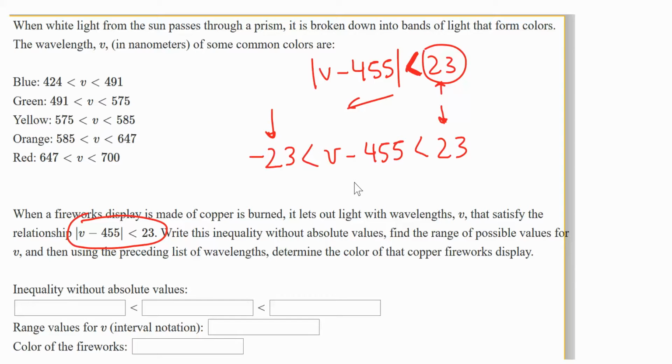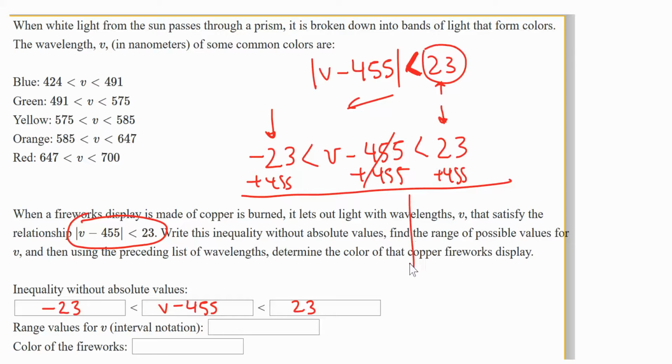Okay, so the inequality without absolute values. I think that's what it would be here: negative 23 less than V minus 455 less than 23. So then we start solving it. We have 455 here, plus 455 here.